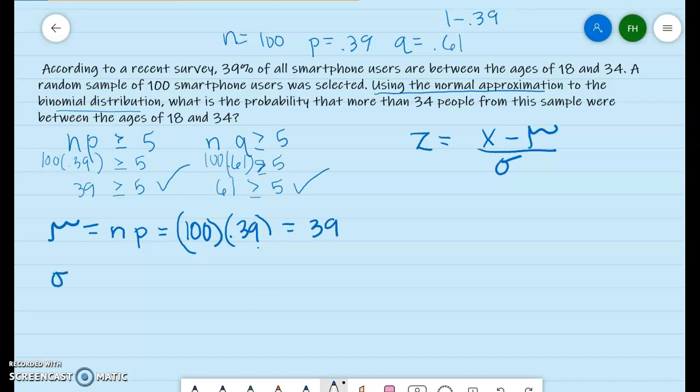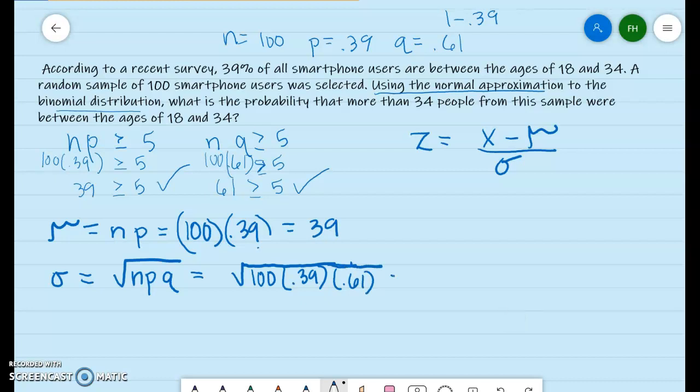Now for the standard deviation of a binomial distribution, the formula is the square root of N times P times Q. So we know that N is 100, P is 0.39, and Q is 0.61.